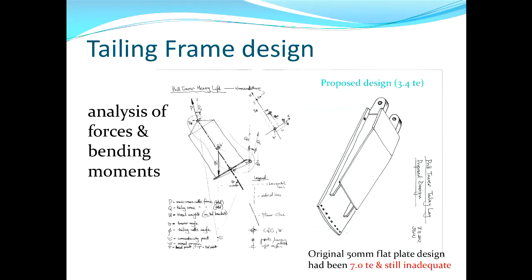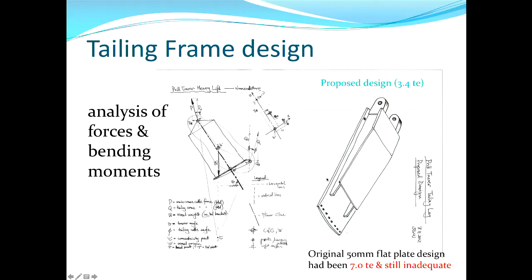It still bends under the bending forces that arise as the prill tower rotates around. So we came up with this different design, weighed a lot less and was structurally okay. It did the job.